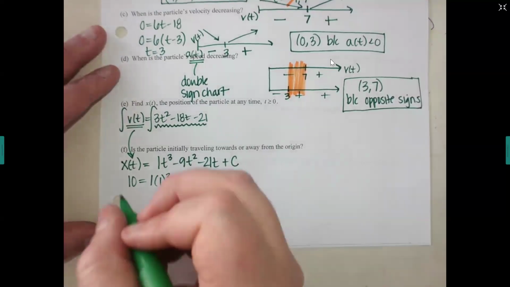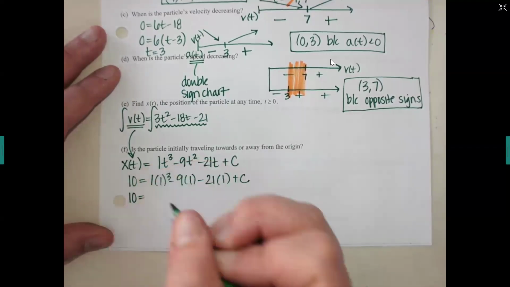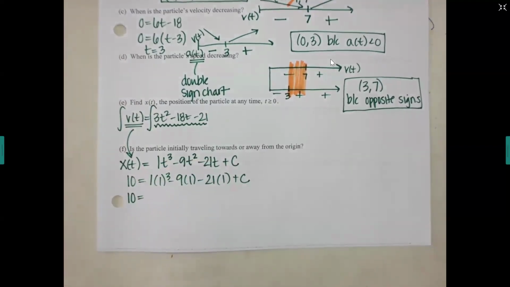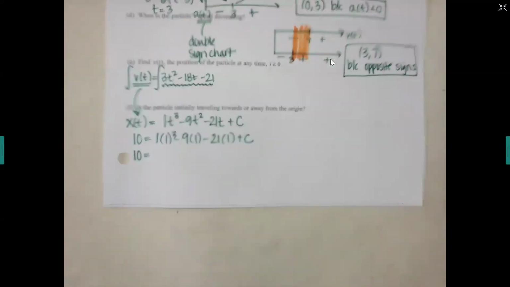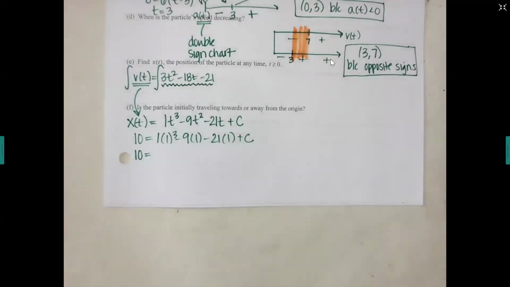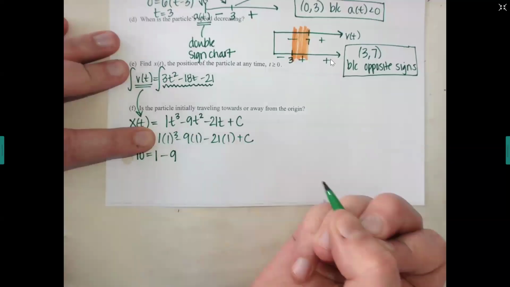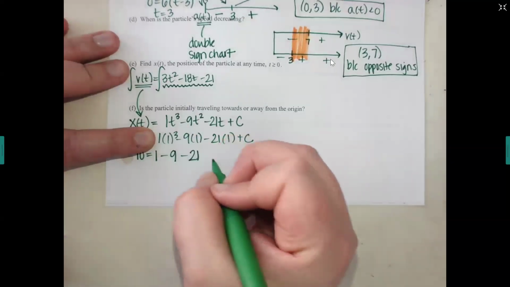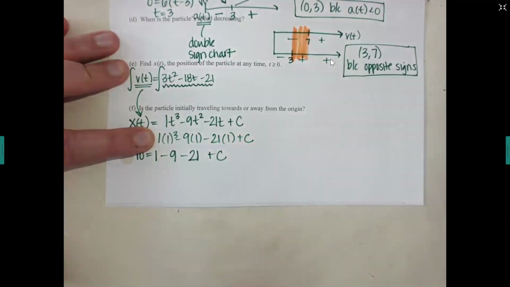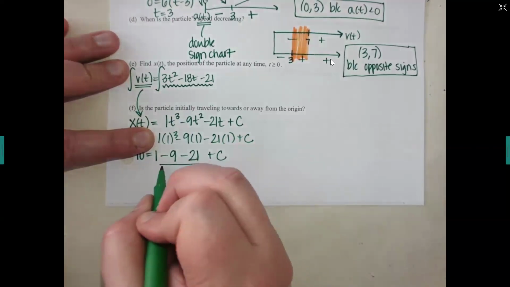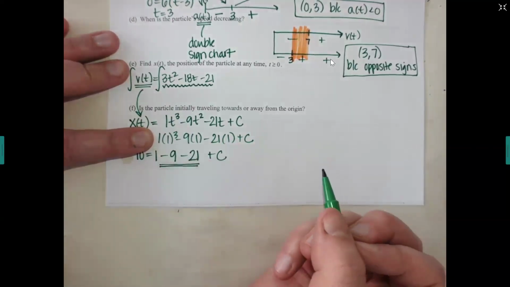Versus if it had said like the initial position, you'd let your t be 0. So 1 cubed times 1 is all 1. That'd be a -9 minus 21 plus c. -9 minus 21 would be -30.